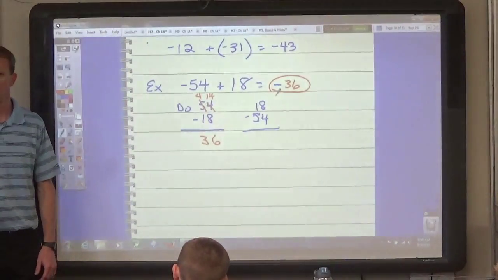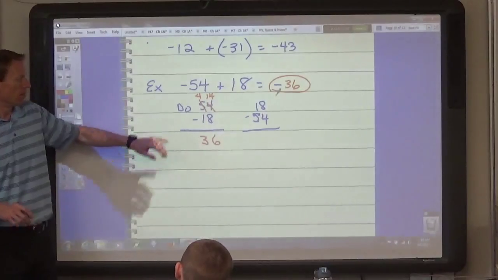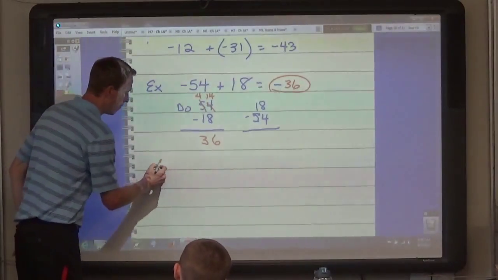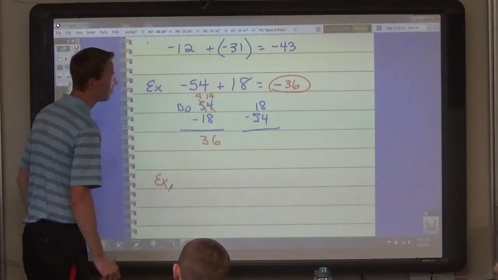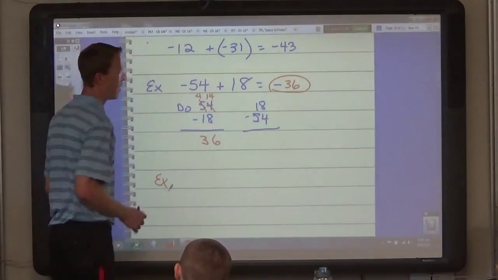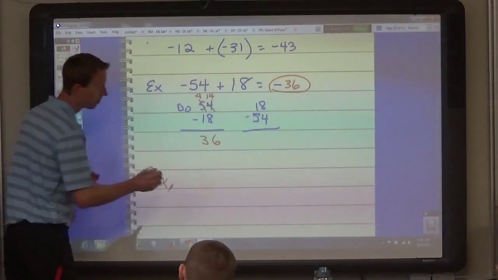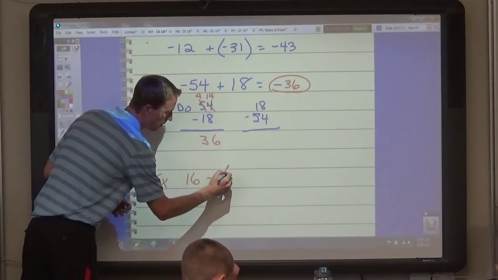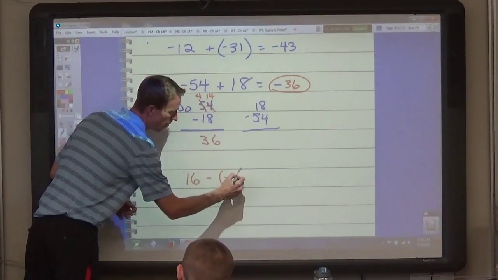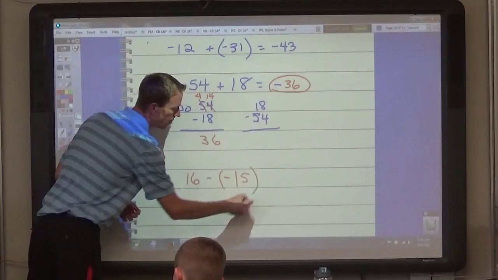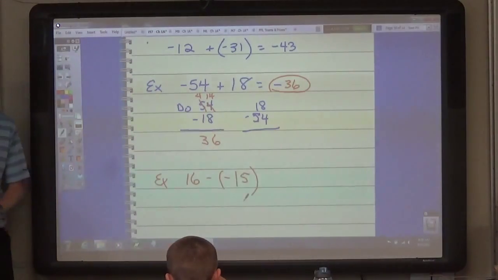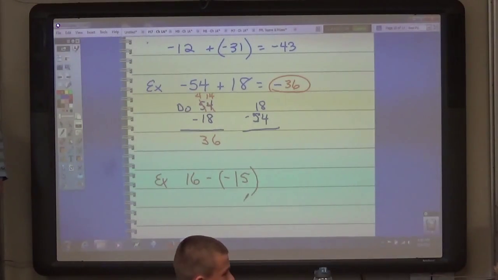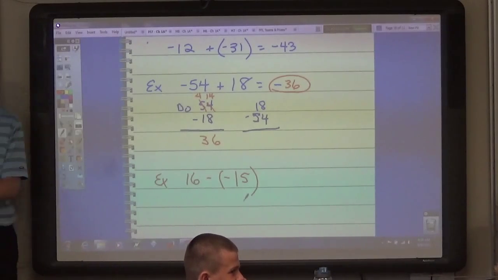Okay? Now, what if we have one more example? Oh, we did one like that. Let's do 16 minus negative 15. 16 minus negative 15. What does that mean?